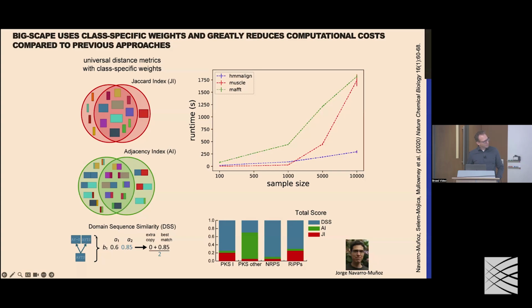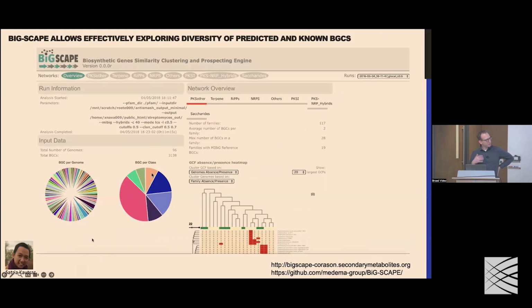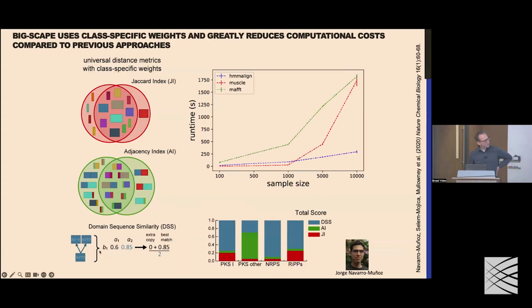Sometimes you have different copy numbers of the domains, and that also needs to be taken into account. In case there are two domains in one gene cluster and one domain in the other, we'd regard the best scoring pair to take the sequence identity between them, and the other we would give a 0, so that the duplication index is also taken into account.